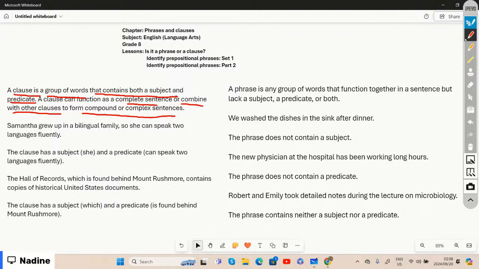All right. So we're going to say, is it a phrase or a clause? And then we're going to identify prepositional phrases, set 1 and set 2.